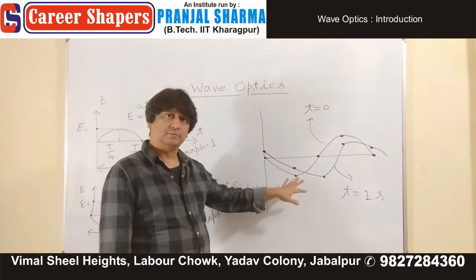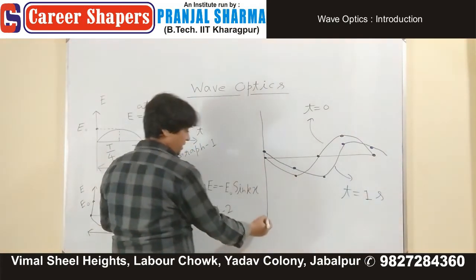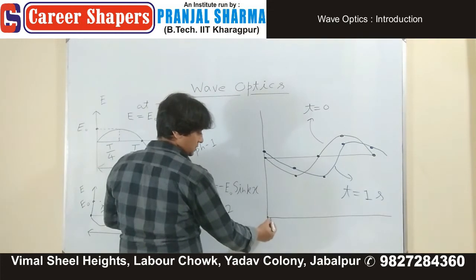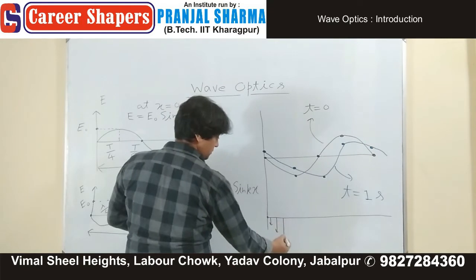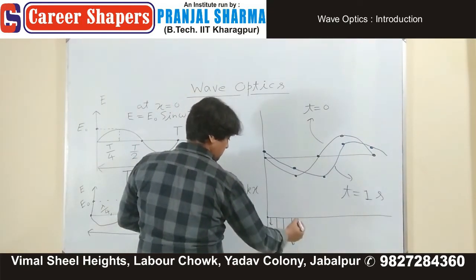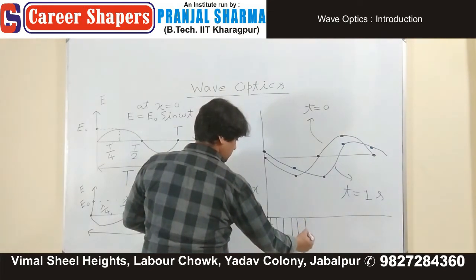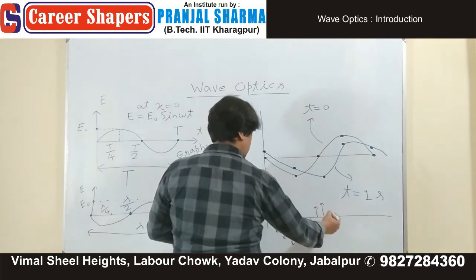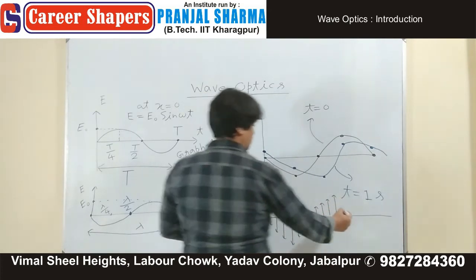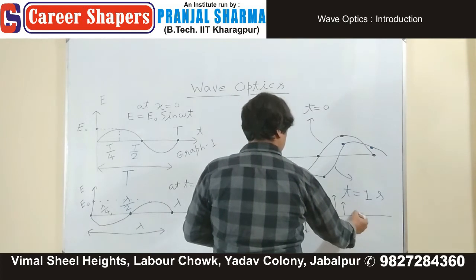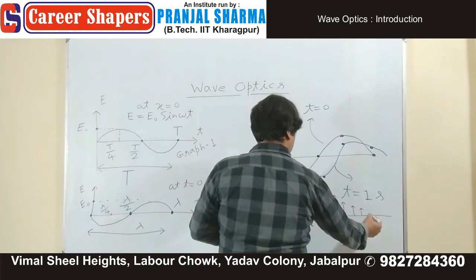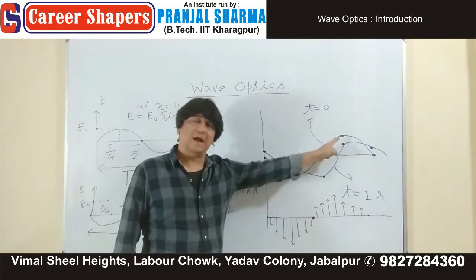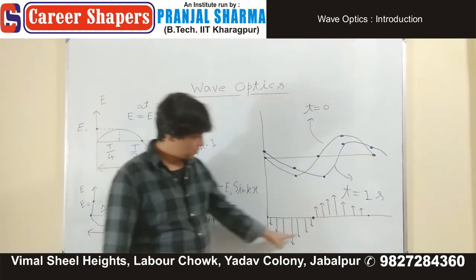So what are these shapes? These shapes are all electric fields at different positions. The thing which you see in the black graph is what? These arrows.